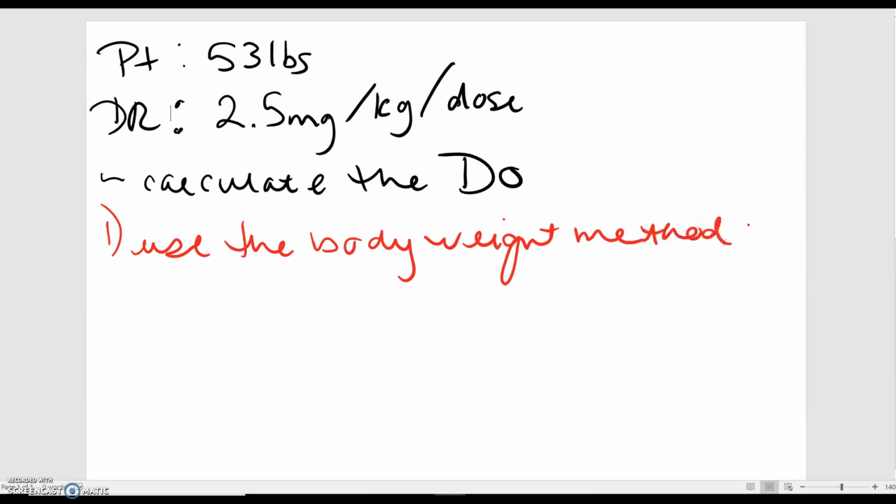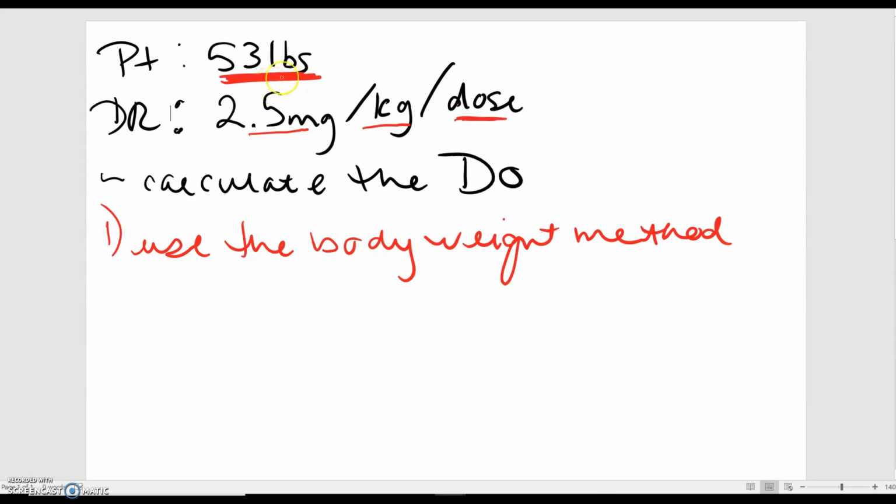where you ask yourself, does the patient's info, this 53 pounds, match the regimen? And what I mean by that is that the regimen tells you suggested dose, suggested weight, and of course it tells you suggested frequency.